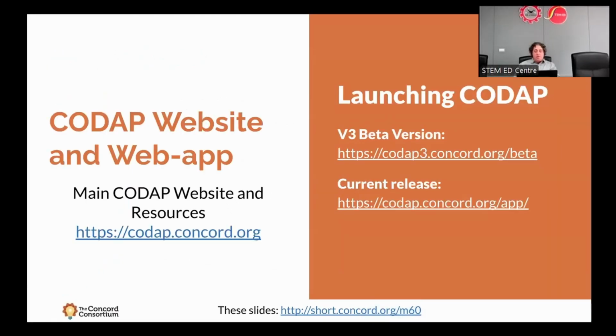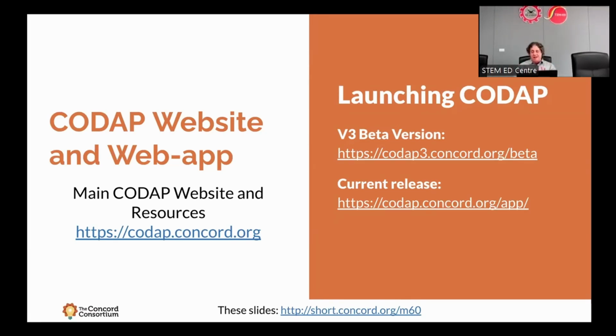All right. You'll see here the main link to our website about CODAP is over here, codap.concord.org. And I get to introduce to you today our new version, which is not officially out yet, but we're going to do all of our work today in the new version.